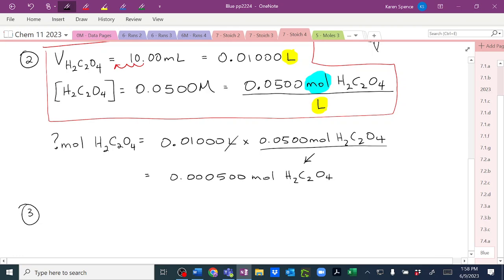Next, we want to find moles of B, which is the NaOH. And we're going to start with what we just found, the moles of A, 0.000500 moles of H2C2O4.